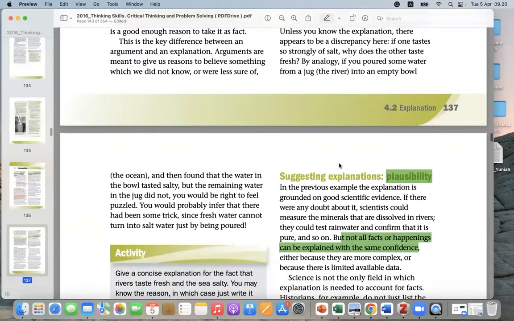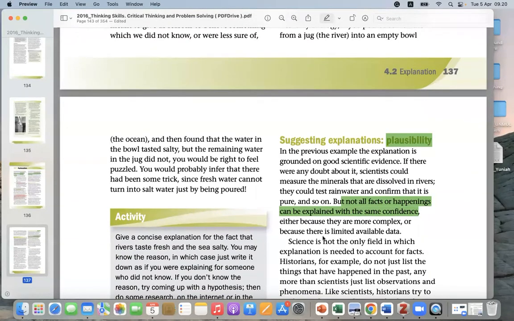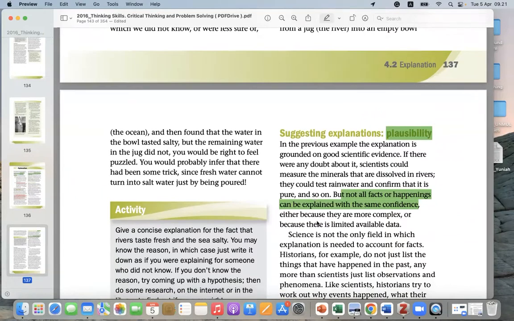Okay, now plausibility. Plausible means it should be true. So the truth is the plausibility. We can have the explanation to the ground.